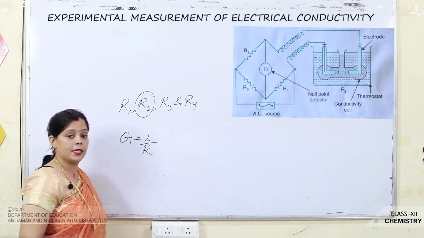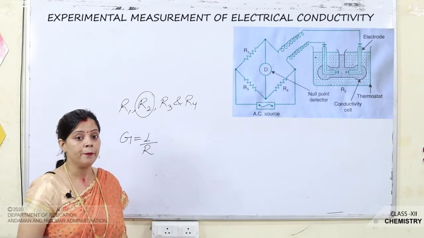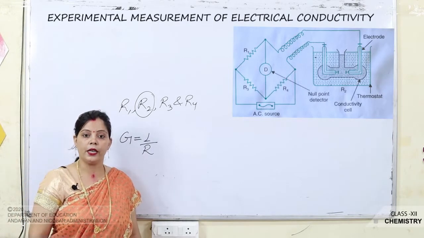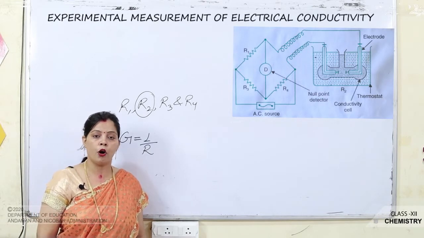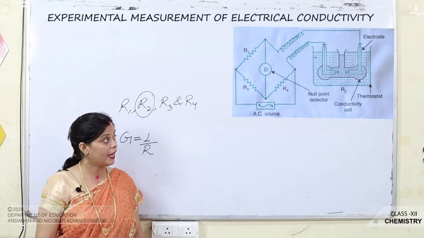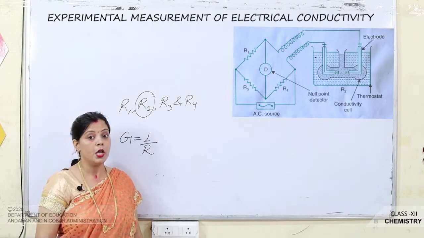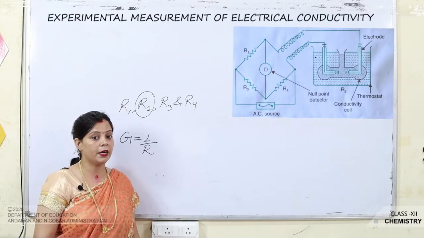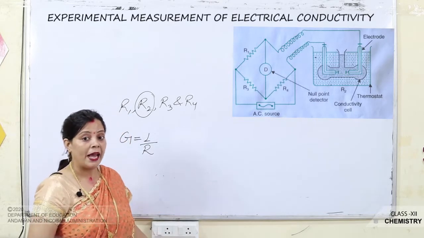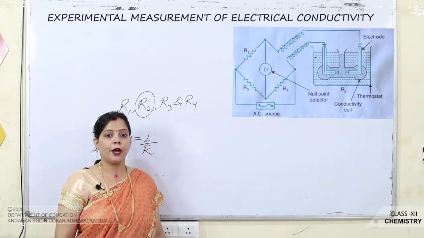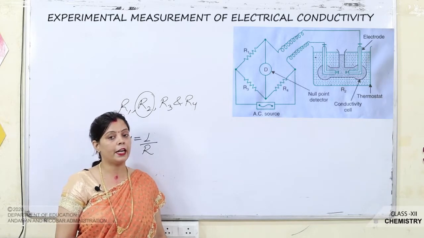In this slide you can see that the conductivity cell containing the solution of electrolyte is made up of the arm of the Wheatstone bridge. They are arranged in the form of a Wheatstone bridge. The conductivity cell is made up of Pyrex glass and is fitted with platinum electrodes. These are coated with finely divided platinum.